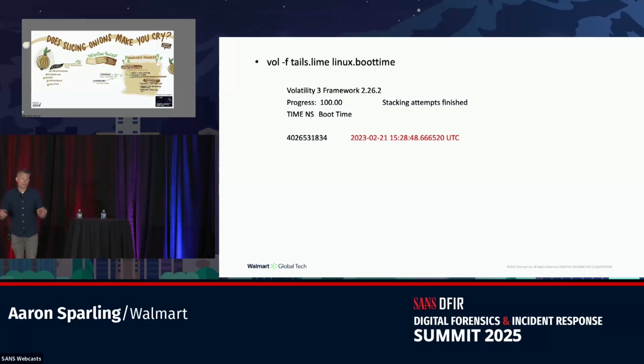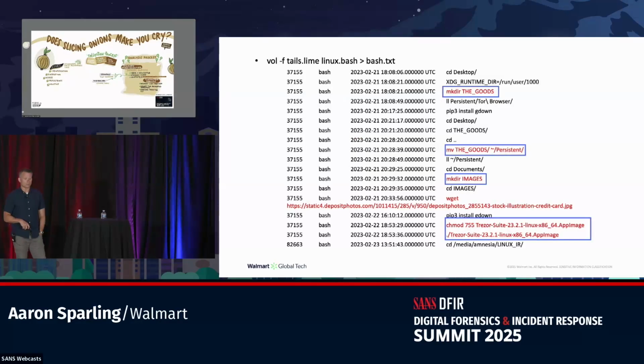So now that we know that we've got the actual symbols table for that particular build, we can start ripping through and doing a bunch of scalpel-type analysis. Look at the boot time. This is a great plugin because you can see when it was booted, and see if it aligns or correlates to whatever investigation you're doing. However, what's really juicy and helpful is running the Linux bash plugin to see their bash history.